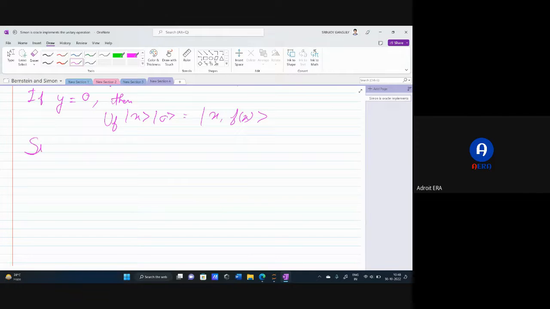So, Simon's algorithm quantum circuit analysis. Let us see a few steps of this, and maybe we can stop and continue in the evening.